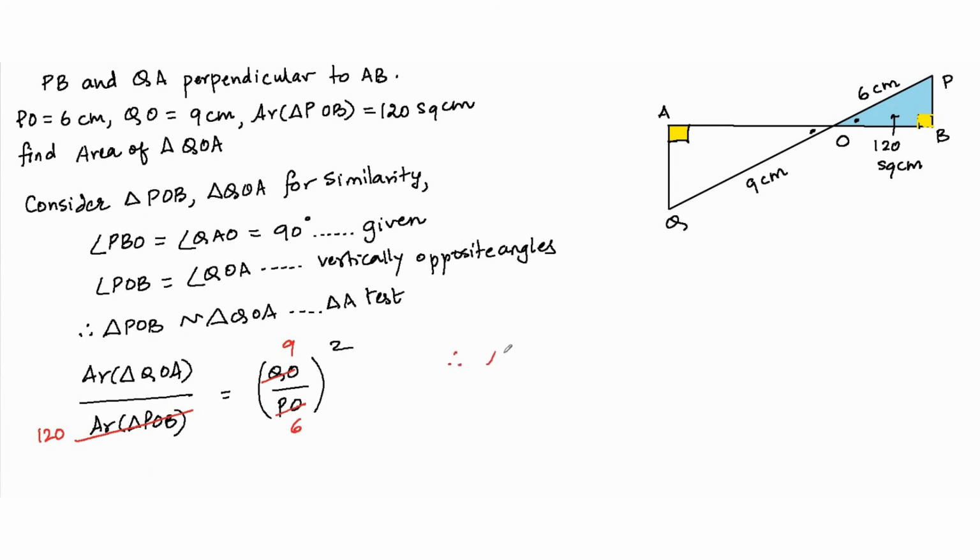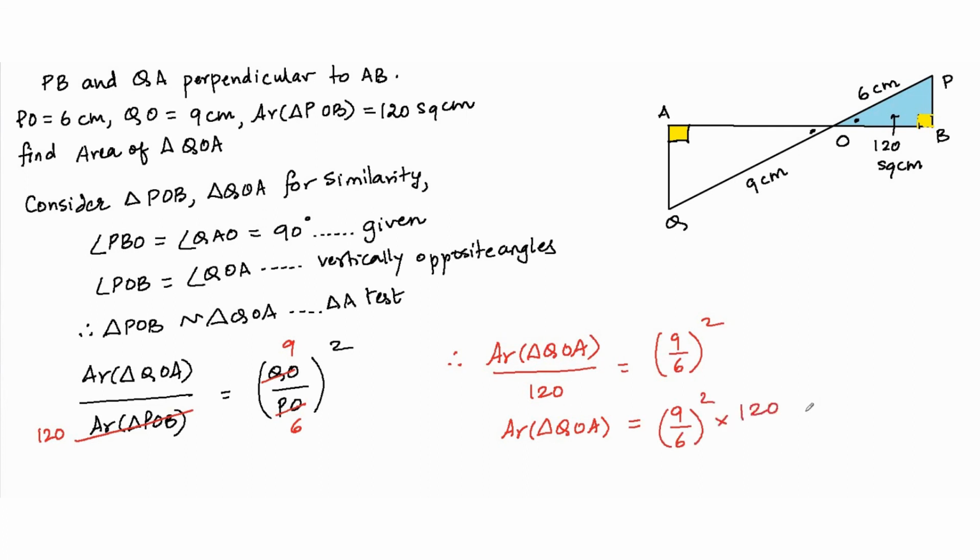Therefore, area of triangle QOA divided by 120 is equal to 9 upon 6 the whole square, which means area of triangle QOA is equal to 9 upon 6 the whole square multiplied by 120. So 9 upon 6 is 3 upon 2. So 3 upon 2 the whole square is 9 by 4 into 120, which is going to be 270 square centimeters. And therefore, the area of this triangle is 270 square centimeters.